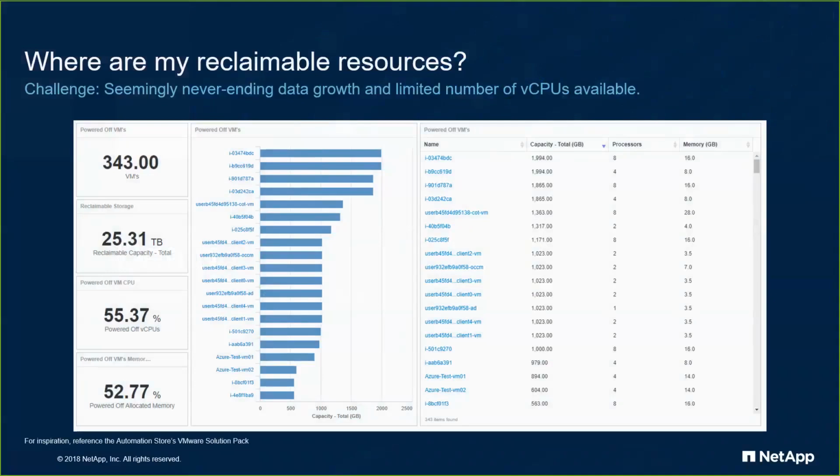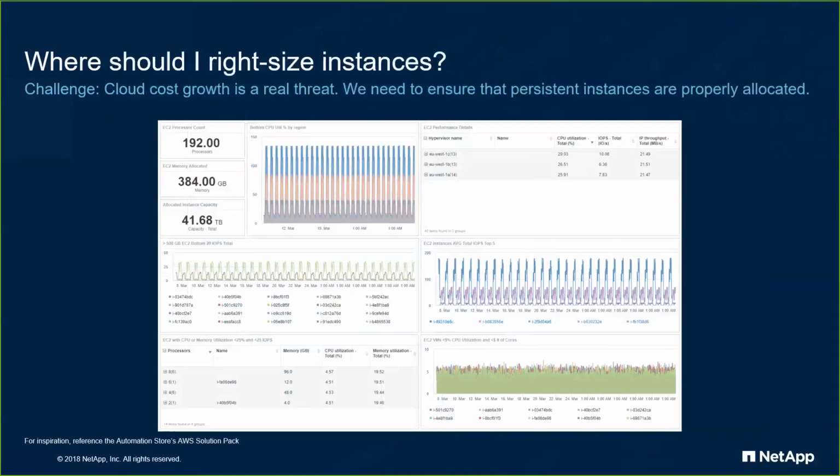The second one we'll dig into is right-sizing within AWS in terms of persistent instances, at least. So we'll cover these two. These are both pulled straight out of the automation store, but I've done a little bit of tweaking based on the environment I'm using as an example. So we can talk about those tweaks as we go through it.